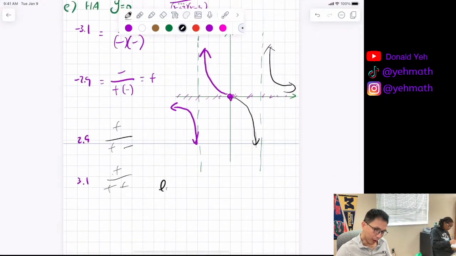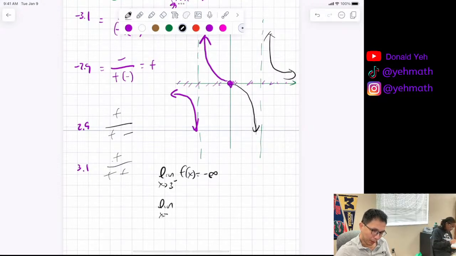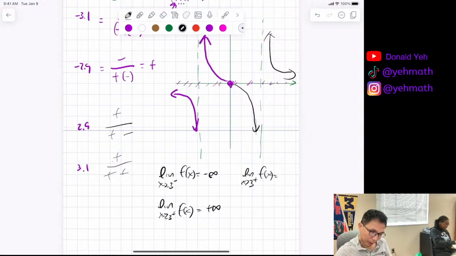So if I were to state the end behavior: limit as x approaches negative 3 from the left of f of x is equal to negative infinity. Limit as x approaches negative 3 from the positive side is going to be positive infinity. Limit as x approaches 3 from the negative side is going to be negative infinity.